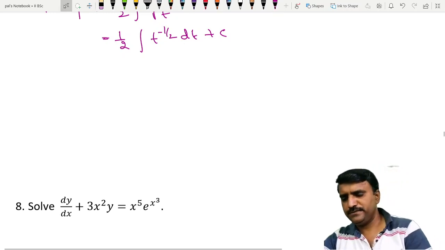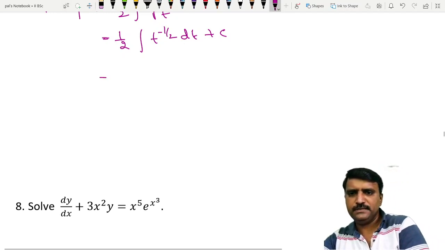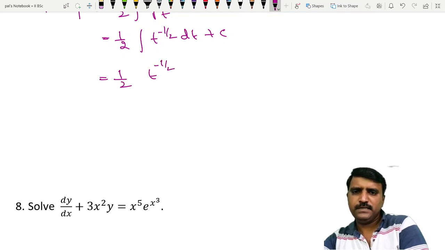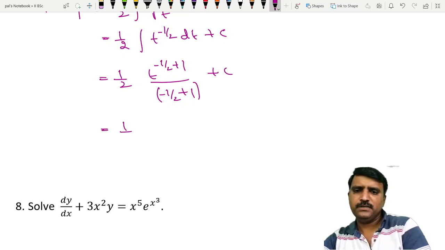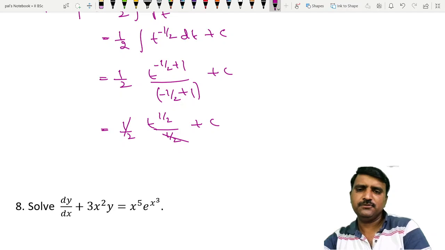So the next step is to integrate this. The integration of t to the power minus 1 by 2 is t to the power minus 1 by 2 plus 1, divided by minus 1 by 2 plus 1, plus c. So that is 1 by 2 into t to the power 1 by 2 divided by 1 by 2, plus c. This 1 by 2 cancels with 1 by 2, so this is root t plus c.